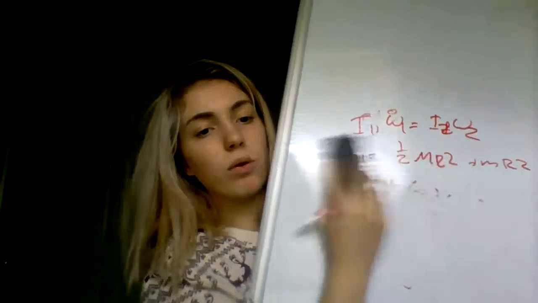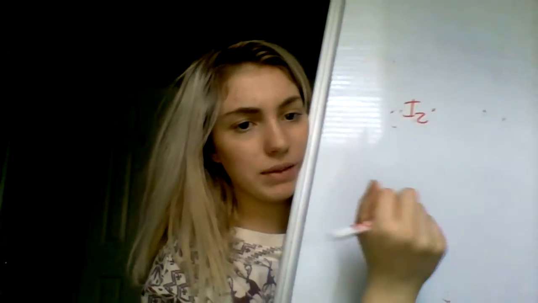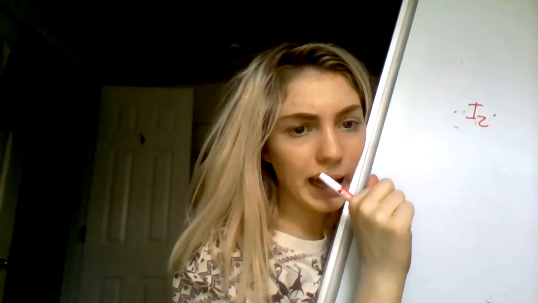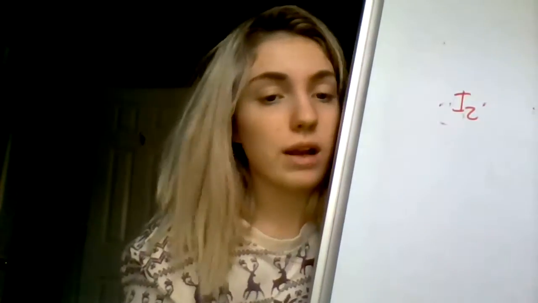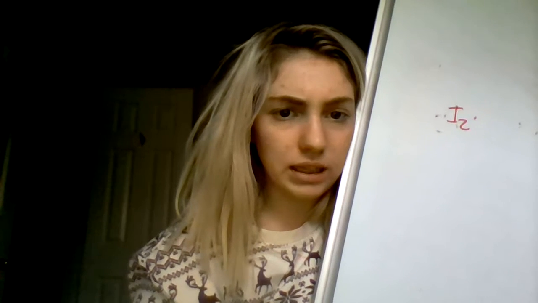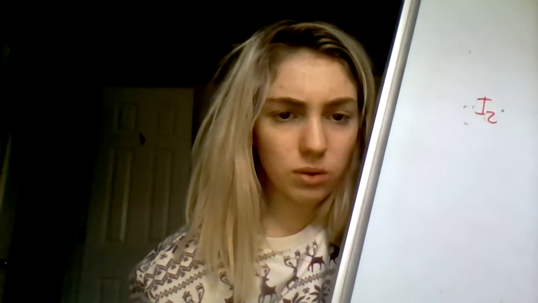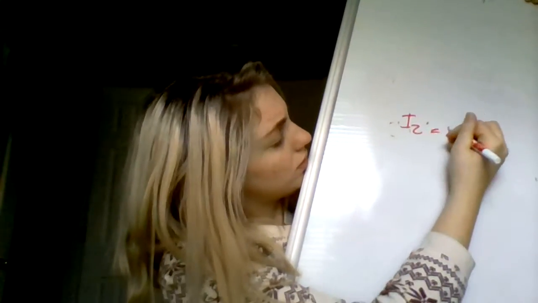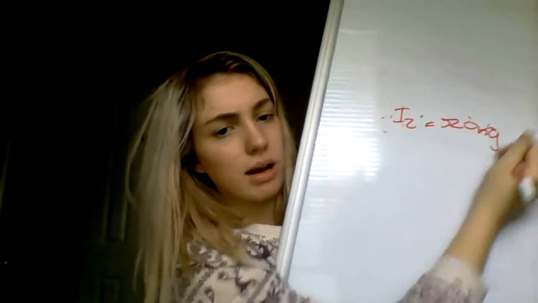Okay, so for I2, we have the same equation but plus mass R squared, and we get 240 plus 70 times 2 squared equals 520 kilogram meters squared.